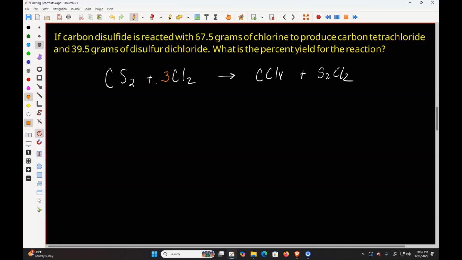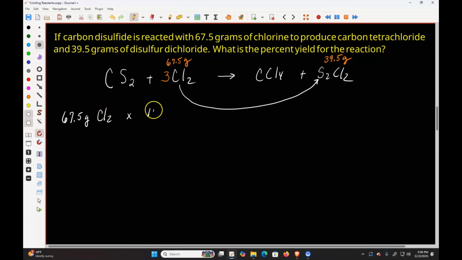Let's label what we're given. We have 67.5 grams of chlorine and 39.5 grams of disulfur dichloride. Okay, so I'm going to take this and solve for this. So we'll have 67.5 grams of chlorine.